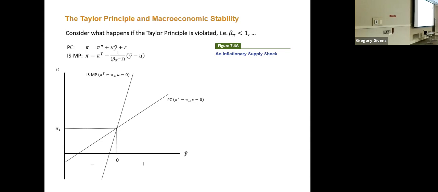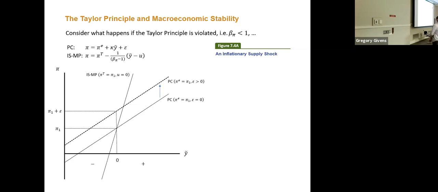So you can think of this as an oil price shock or some other type of shock that affects the general price level in a negative way or in an adverse way. What happens to the ISMP curve versus the Phillips curve? Which one is going to be affected directly? The Phillips curve, right? And the Phillips curve is going to do what? It's going to shift up by exactly the size of the supply shock, right?